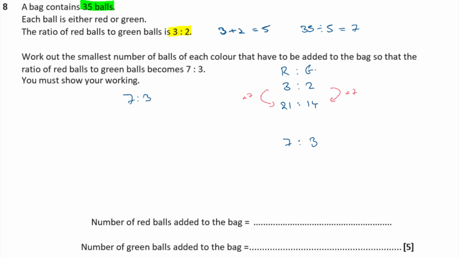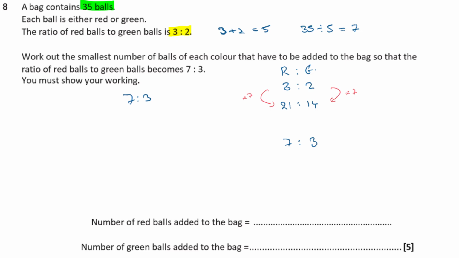Okay, now obviously this number on the left, the red one, needs to be a multiple of 7, doesn't it? 21 is a multiple of 7 at the moment, but I don't think that's going to work out because the green one also needs to be a multiple of 3 and 14 isn't. Now if we added 1 to green, that would make green 15, but that doesn't help us because 3 goes to 15 5 times.